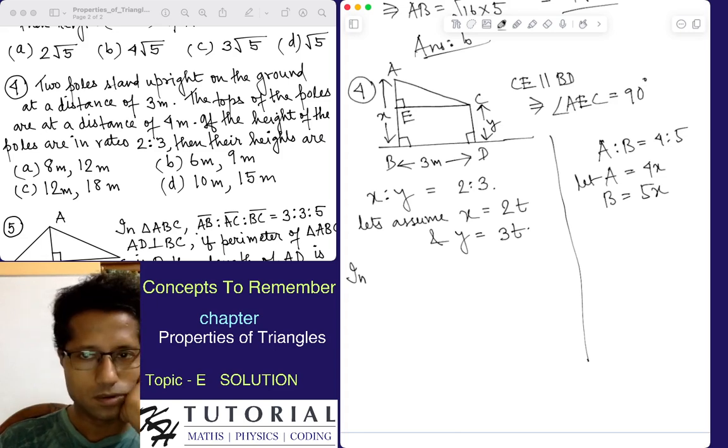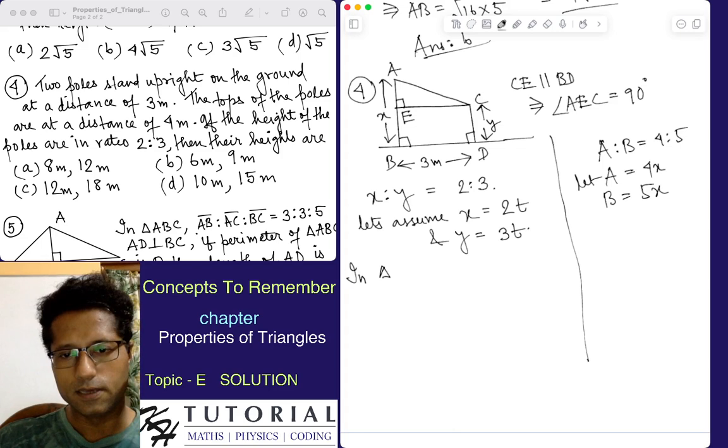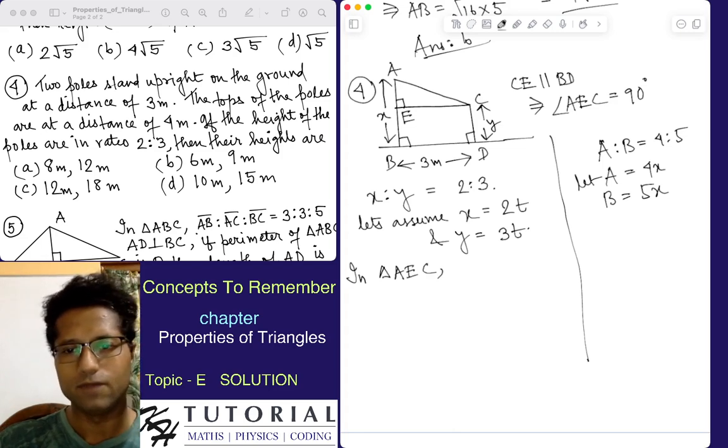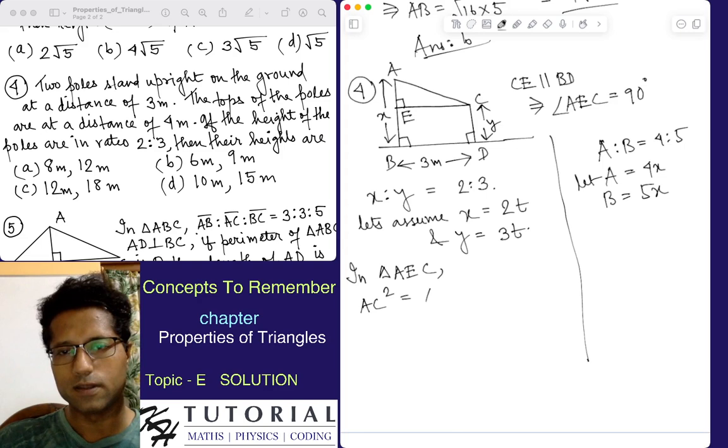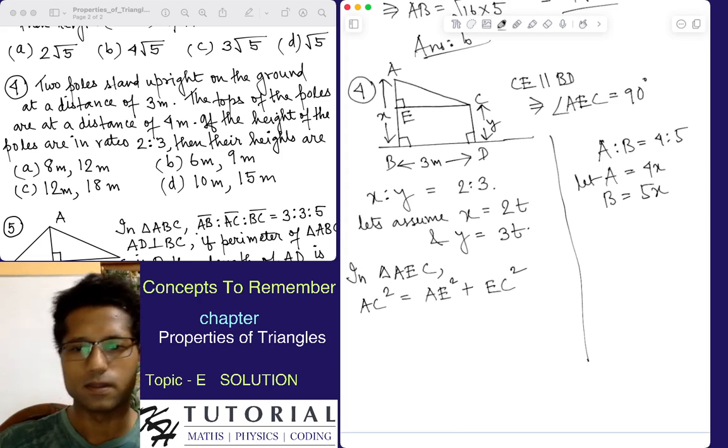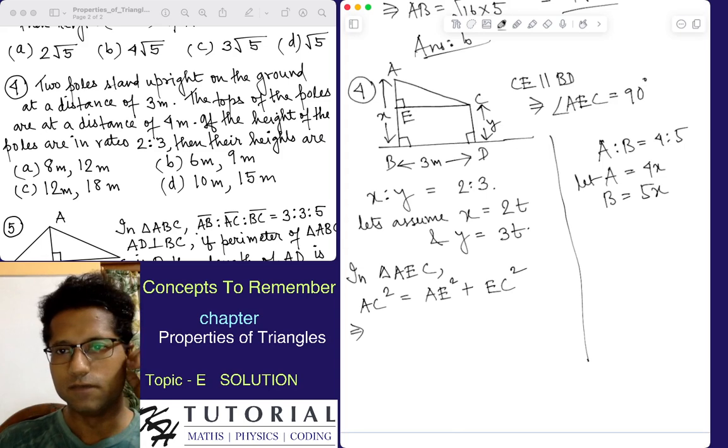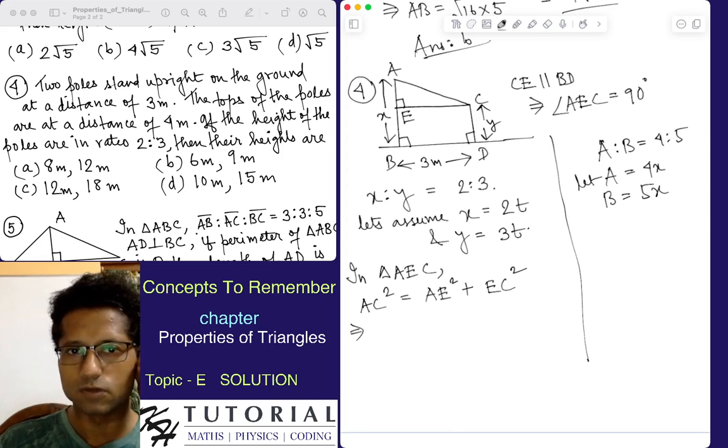Now in triangle AEC, which is the right angle triangle, we will have hypotenuse square, that is AC square, equal to the sum of the squares of the arms, that is AE square plus EC square. AC is given, the distance between the tops of the poles is 4 meters.